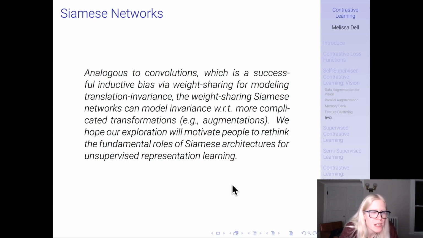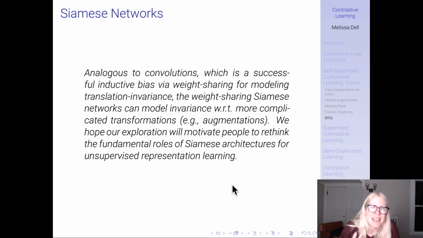We hope our exploration will motivate people to rethink the fundamental roles of Siamese architectures for unsupervised representation learning. And so what they're saying is, convolutions have been really powerful in computer vision and for tasks like object detection because they give us translation invariance. So as you move a dog around an image, because of the sliding window nature of convolutions, you can get the same invariant representation for that dog.